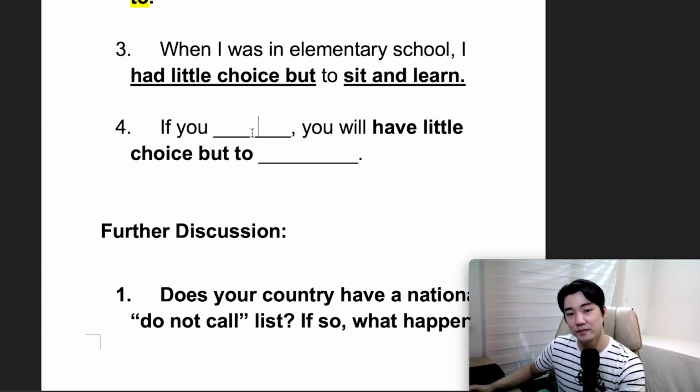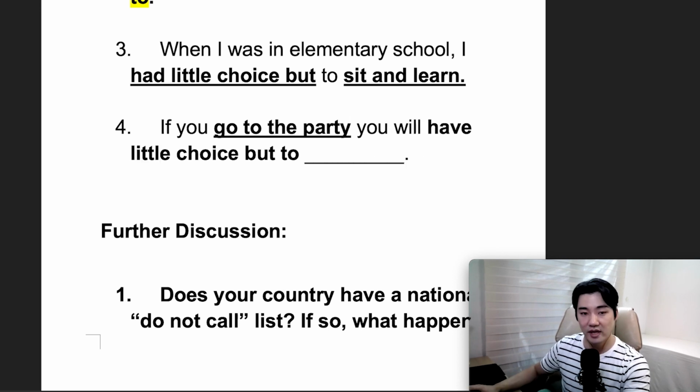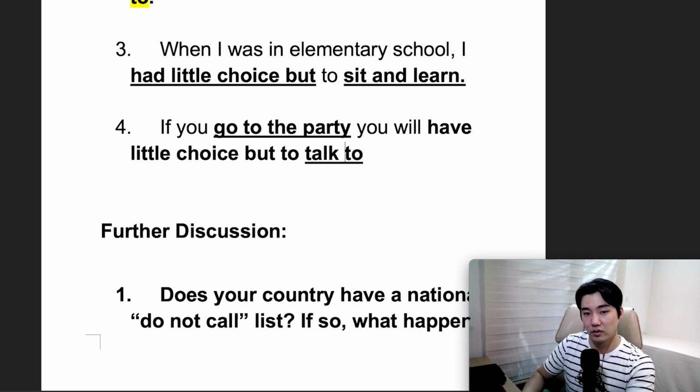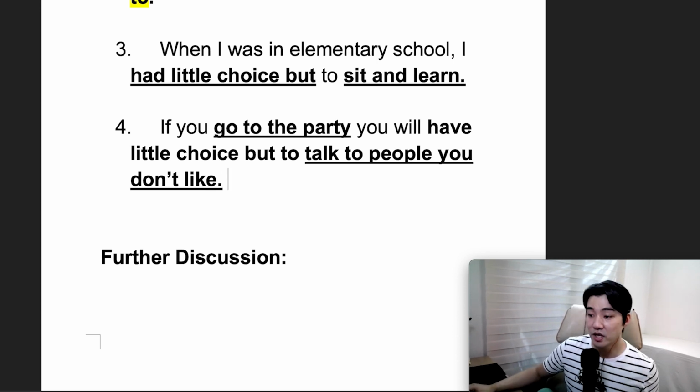4번. If you go to the party, you will have little choice but to talk to people you don't like. 그 파티에 가면 당신이 좋아하지 않은 사람들과 이야기하는 것 외에는 선택의 여지가 거의 없을 거예요.